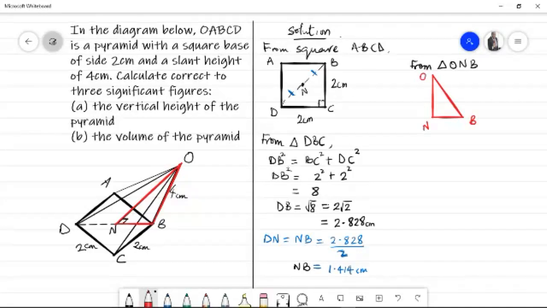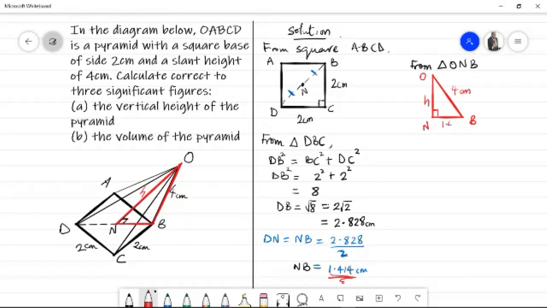Let us represent ON as the height. In fact, ON is the vertical height of the pyramid. The slant height OB right here is 4 centimeters. Remember, we initially calculated NB to be 1.414, so we can drop that here, 1.414 centimeters for NB.